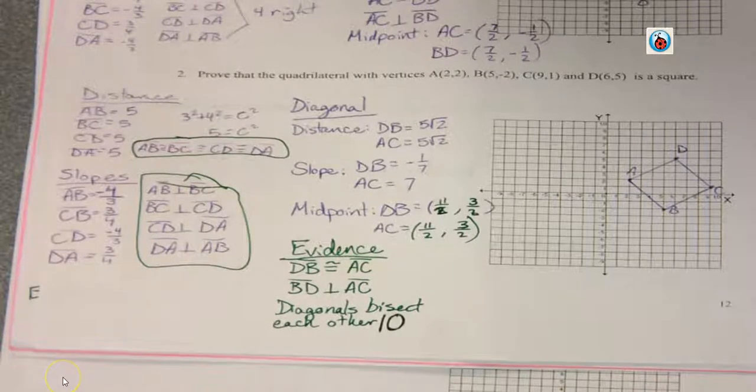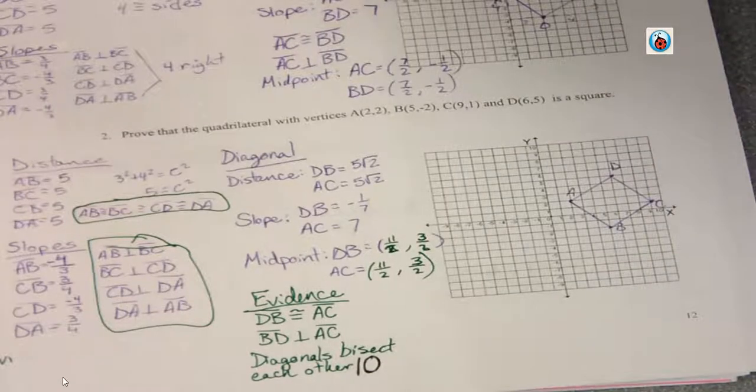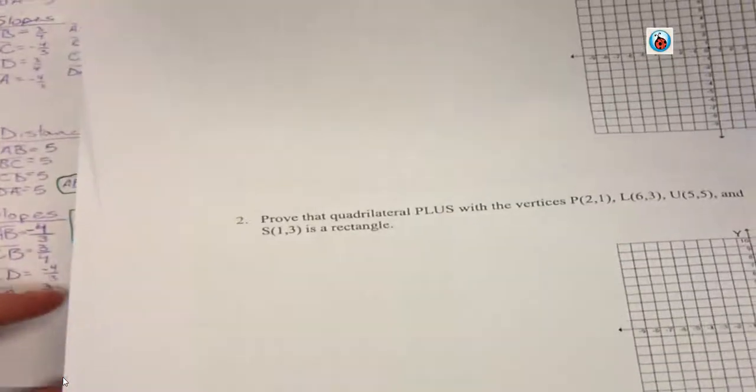Alright, that's it for the notes. You are going to do page, let me check so I don't say it wrong, 17 through 19. Alright, on this, you only have to show the work that we showed. Like, it starts with rectangles.